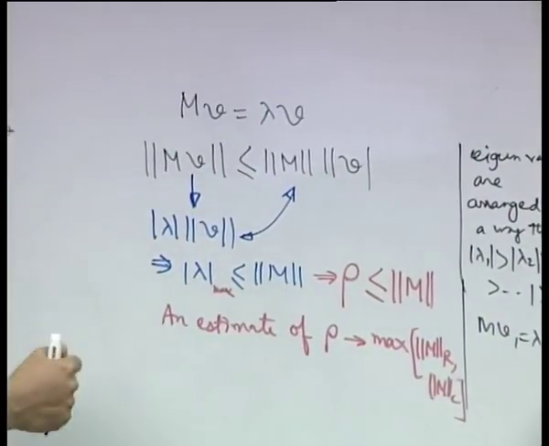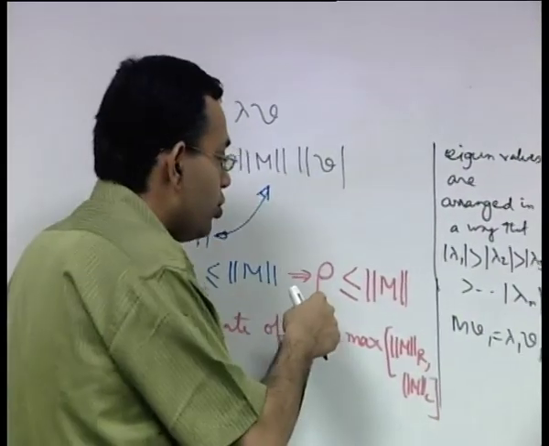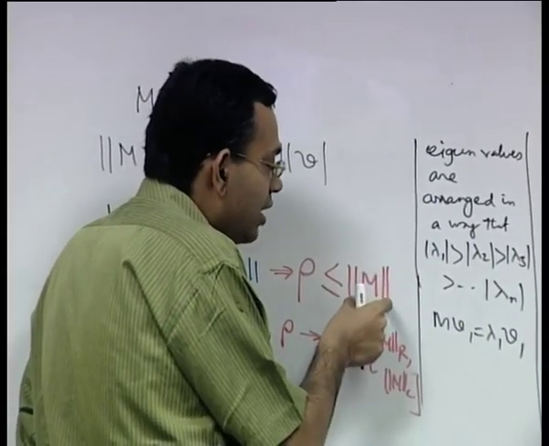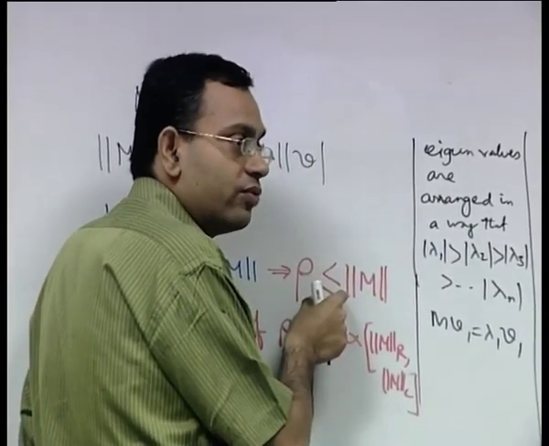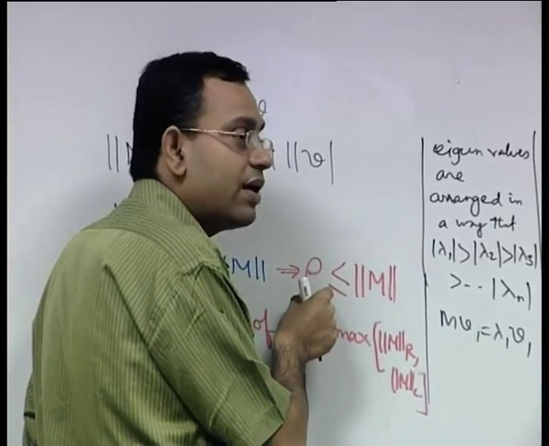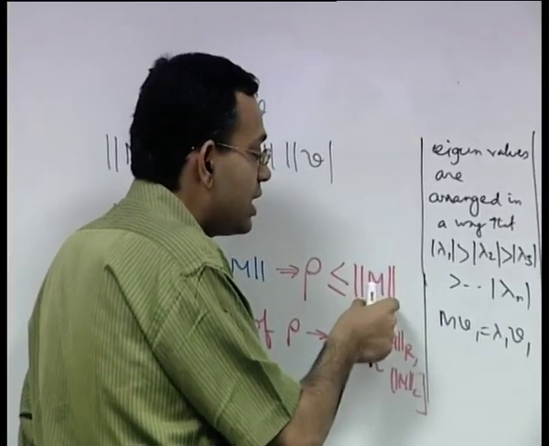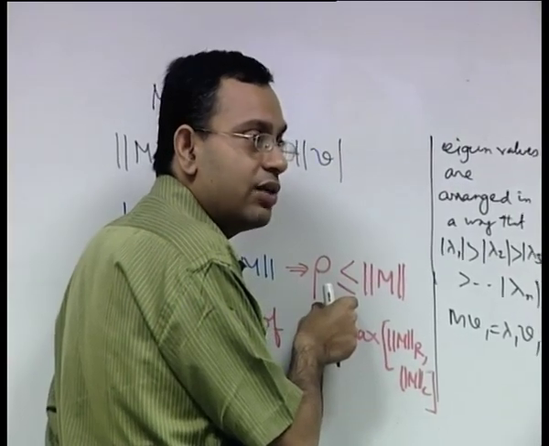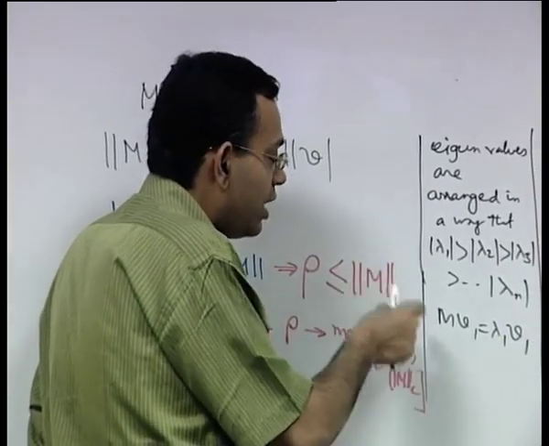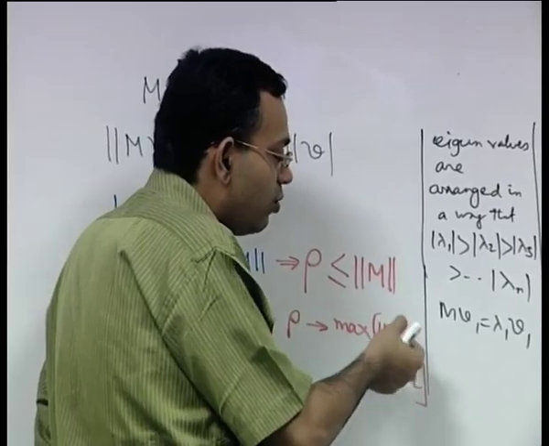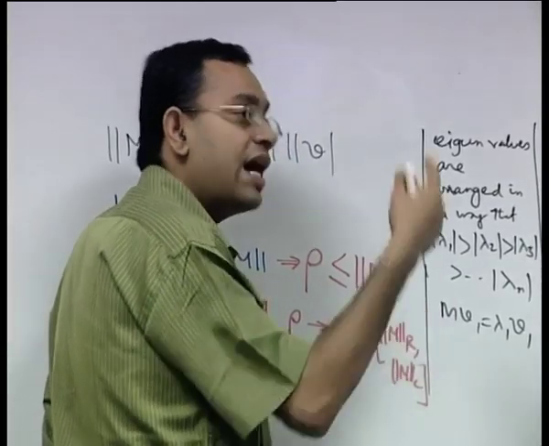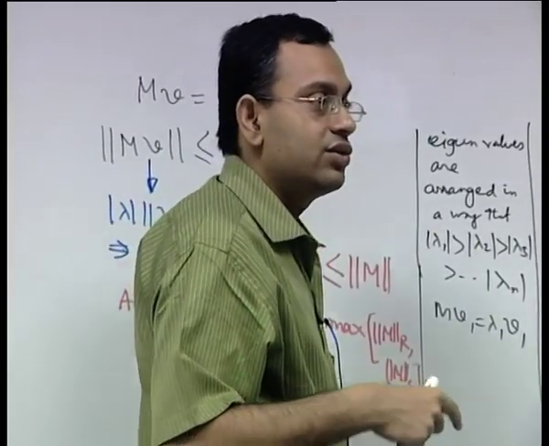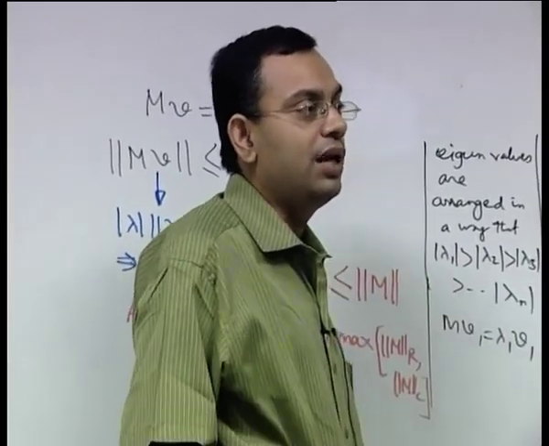So you are becoming very conservative. You know that whatever is the norm of M, that is greater than rho. For you it was sufficient to satisfy rho less than or equal to 1, but if you satisfy norm of M less than or equal to 1, then implicitly you are definitely satisfying rho less than 1. Out of the two extreme norms, whichever is the greater one, if you satisfy that as less than 1, the other one will automatically be less than 1.